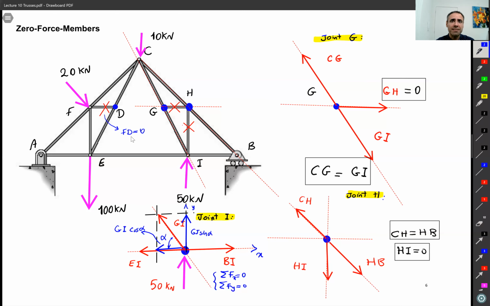But when you build these things, and let's say on this bridge, a truck is passing, things can deform and the shape of things can change. So basically at this point G that you can see here, CG and GI now are not in one line. So you cannot simply say that they cancel out each other, all right? So we need to have 0 force members in a truss. That's essential for a design.